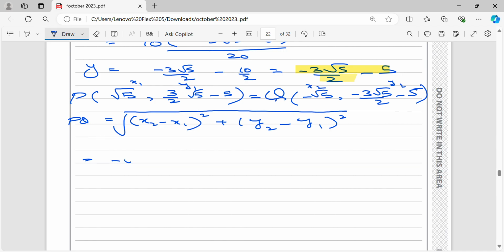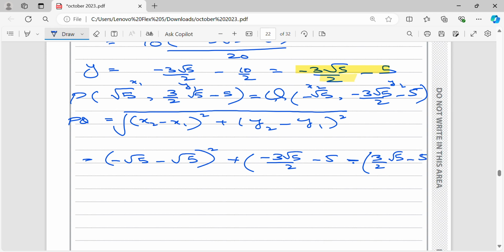Okay, so minus root 5 whole squared plus y2 is negative 3 root 5 over 2 minus 5 minus 3 over 2 root 5, because here is negative and this negative is already there, so these two negatives will become positive. It's better to put it in a bracket to avoid mistakes.